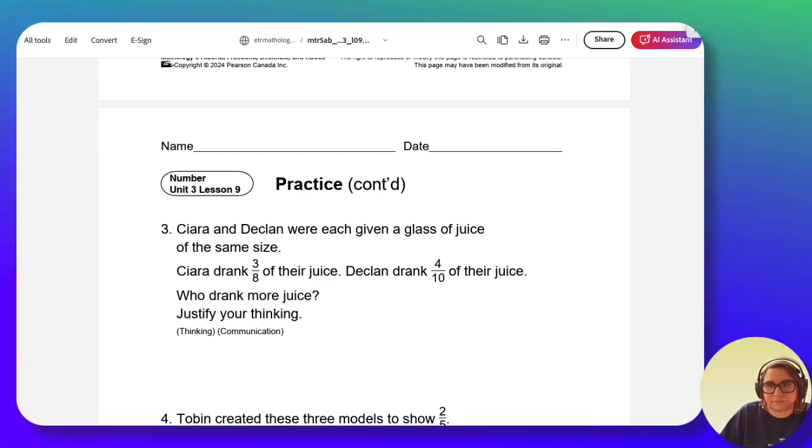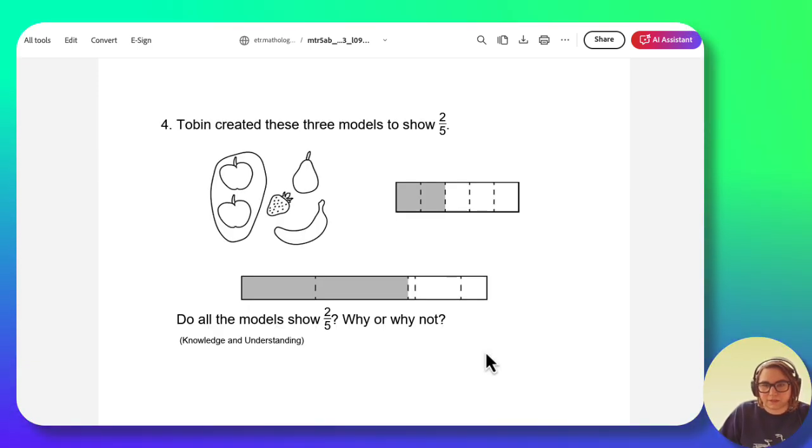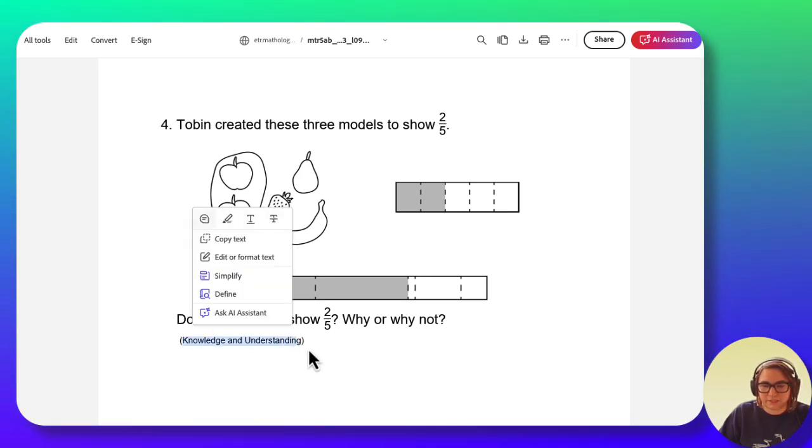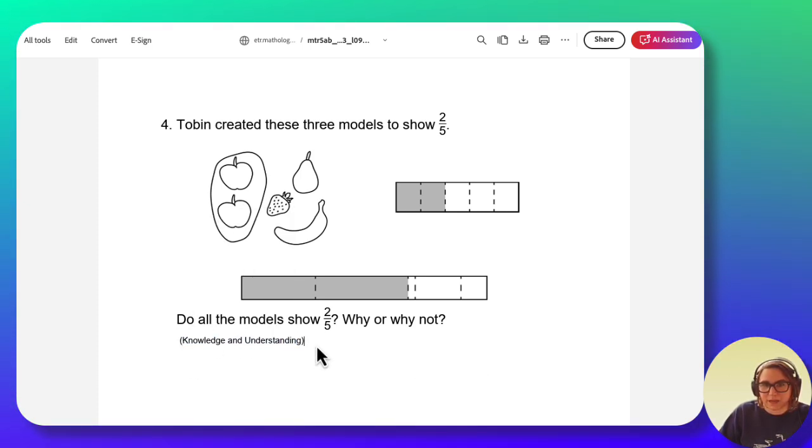Now that students understand all three models, the set model, the area model, and the linear model, the rest of these practice questions are going to help them apply them to different contexts. So question 4, for example, is a knowledge and understanding question. I would label this a mild question. It's fairly surface level, but we could cut this one out and allow students to choose to answer this one.